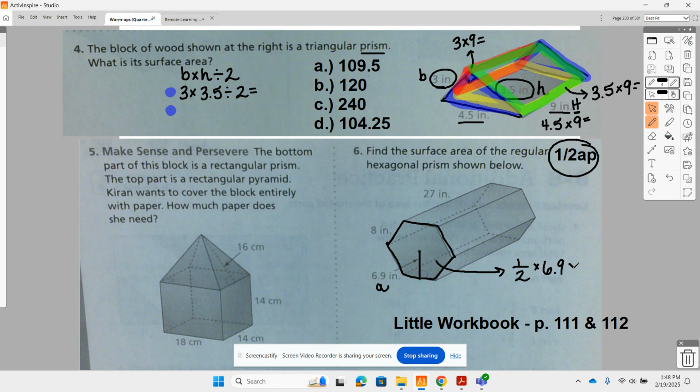And P stands for the perimeter. Each side, you can see, is 8. They're all the same size.